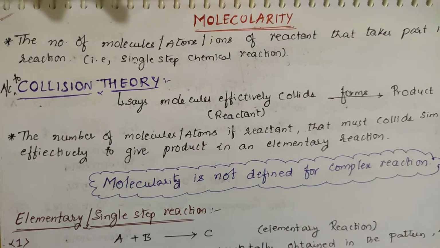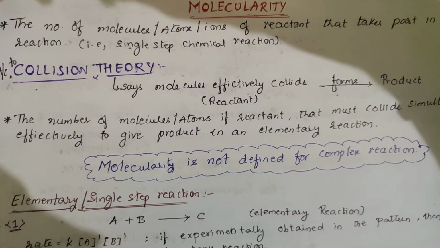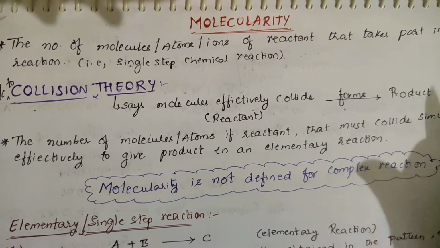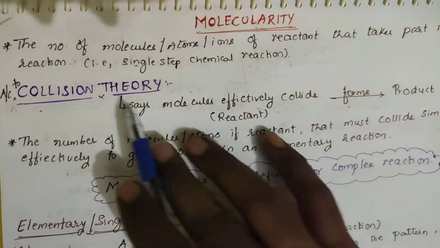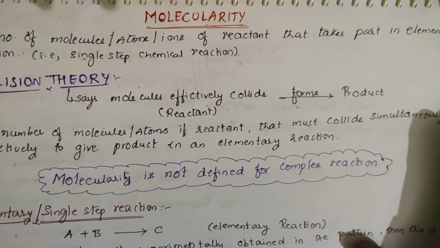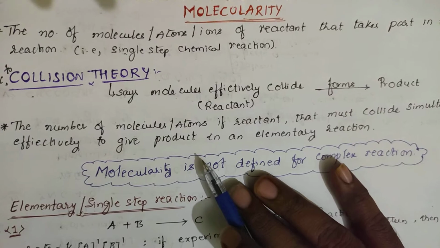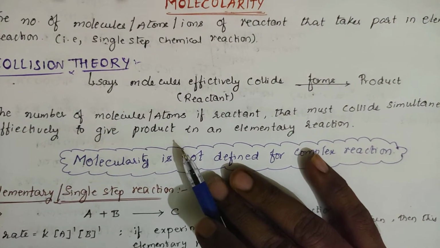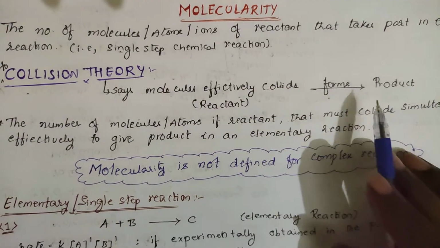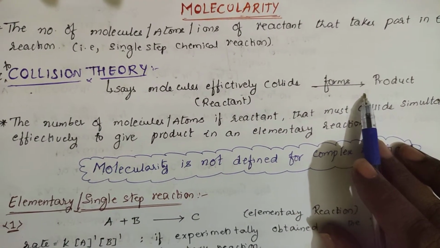Any reaction which occurs in a single step is called an elementary reaction. If any reaction occurs in multiple steps, then it is called a complex reaction. So molecularity is the number of molecules, atoms or ions of the reactant that take part in the elementary reaction, that is, a single step reaction. There will be no complexity in the mechanism.